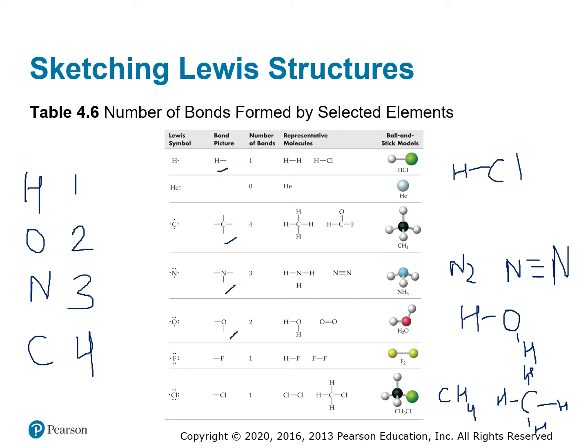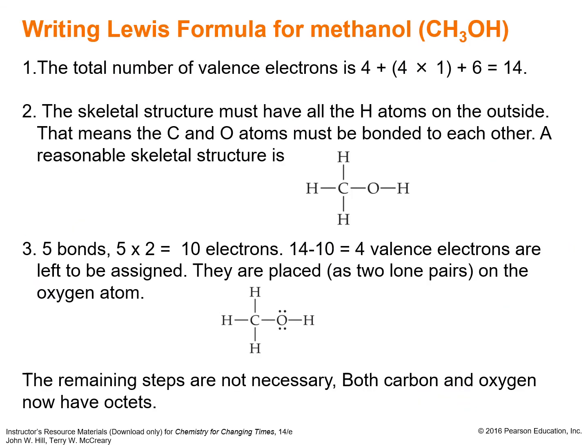And here is the representative molecule, how these molecules will be drawn on a piece of paper, and then this ball and stick model gives you a three-dimensional view of the same molecules in their spatial arrangement.